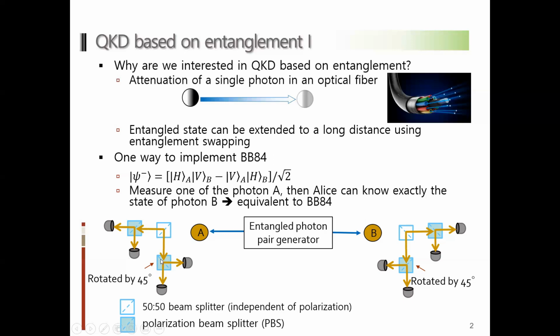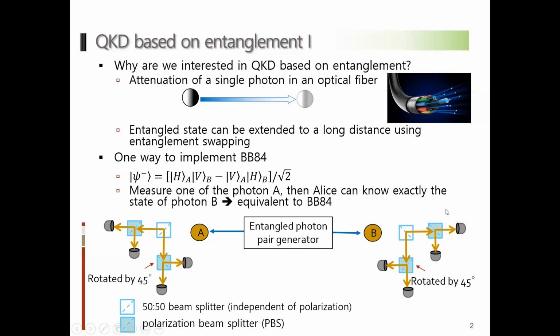And for here, I intentionally rotate this polarization beam splitter by 45 degrees. If it is tilted by 45 degrees, then what it does is actually measure in the TA basis rather than the HV basis. So our purpose is automatically implemented on Alice's side, and we would also have a similar setup on Bob's side, because Bob should also decide which measurement basis he will use.